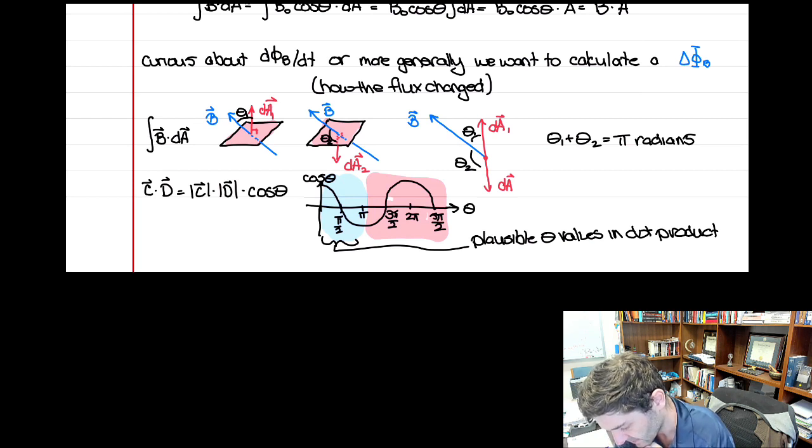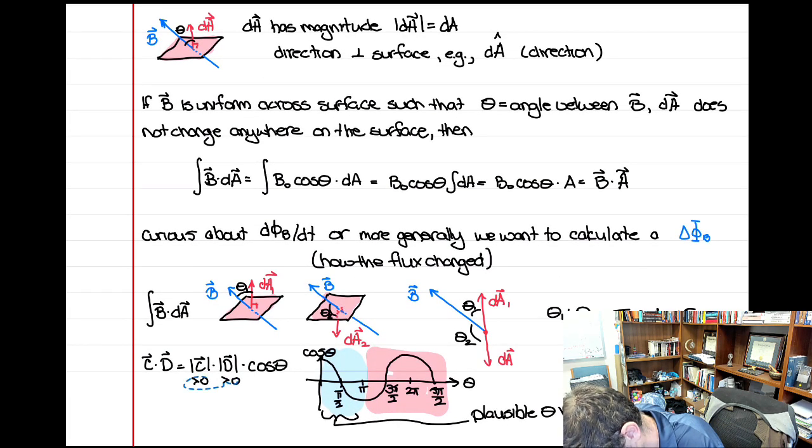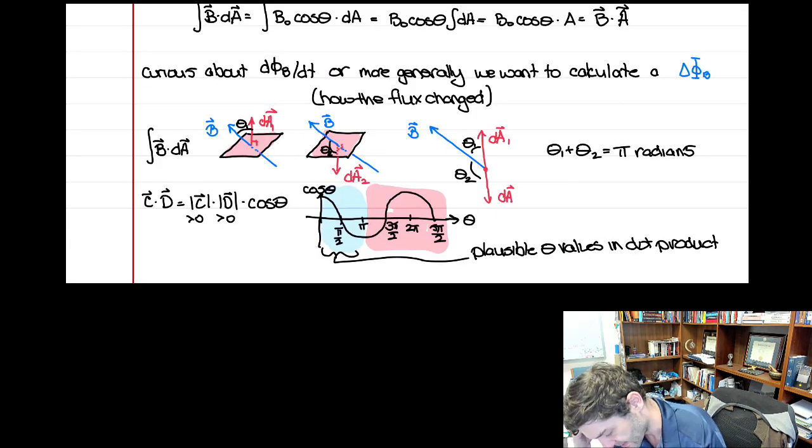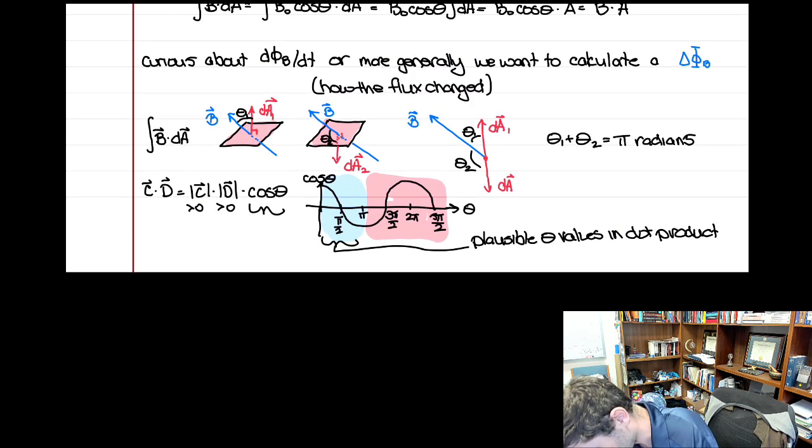So in this case, since magnitudes are always greater than 0, I'm assuming these are non-zero vectors, else it's a pretty boring problem, the only thing that can determine the sign of the dot product is the cosine factor. The cosine factor is greater than 0 when theta is between 0 and pi over 2, and less than 0 when it is between pi over 2 and pi.